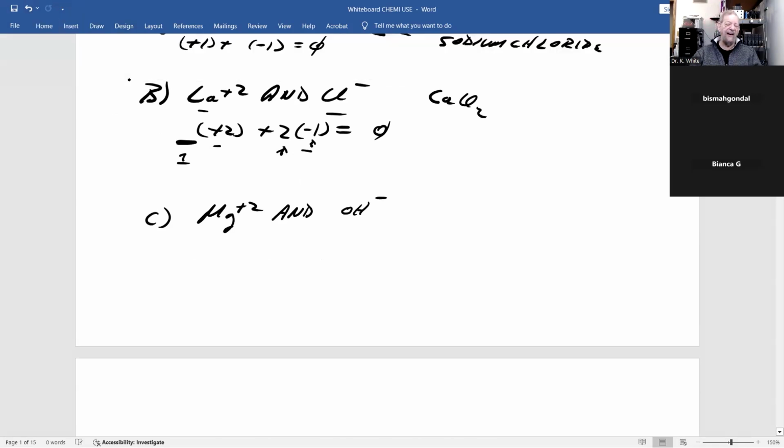And here we have for C, magnesium +2 cation plus, this is called hydroxide, -1.